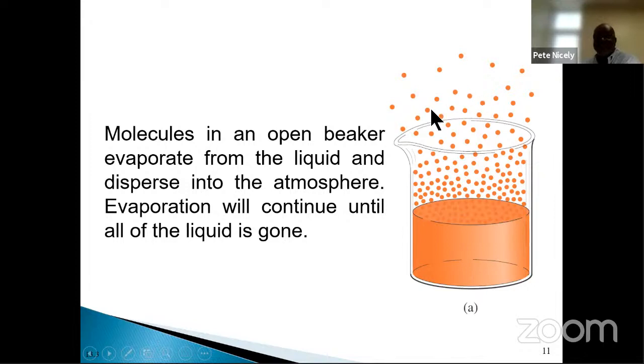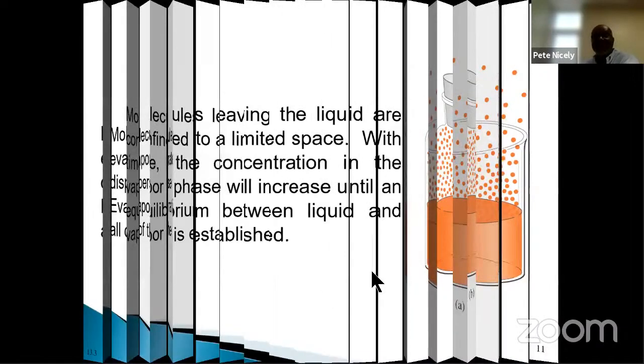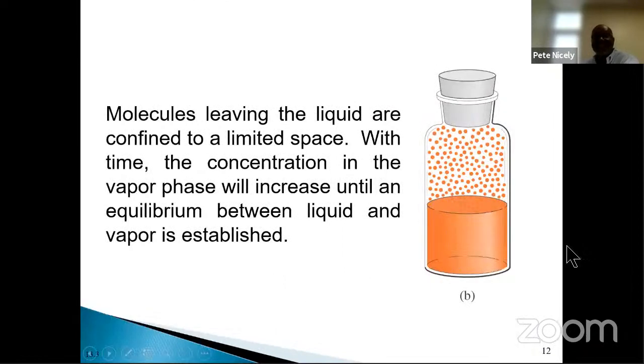all the liquid will evaporate out from the beaker, and therefore eventually you'll have no liquid left, right? And that's because the molecules will be converted to the vapor and will escape into the atmosphere. So that's what happens in an open system like this. Now, if you have a closed system, as you can see here, you won't have the escape of the vapor molecules into the atmosphere.